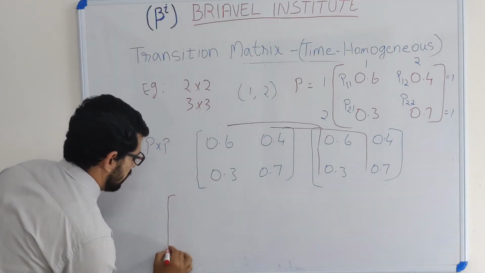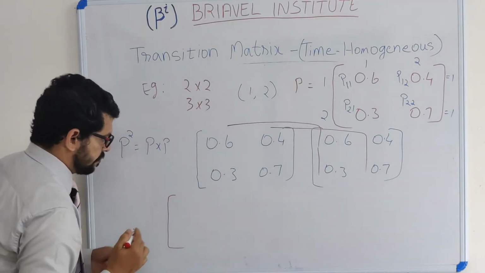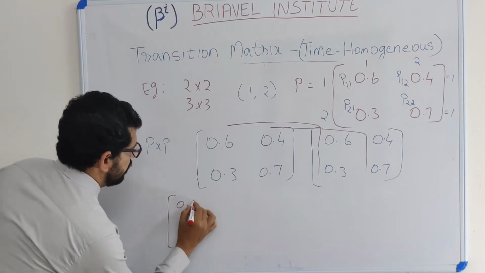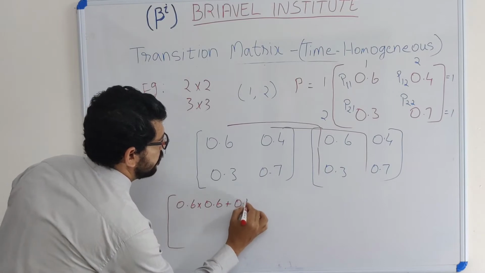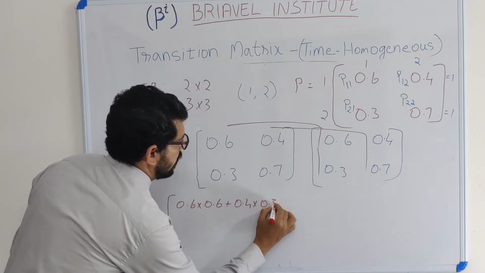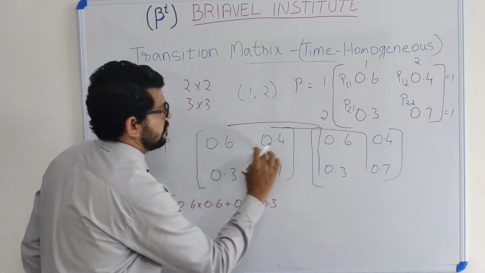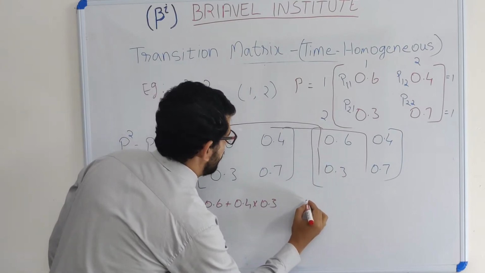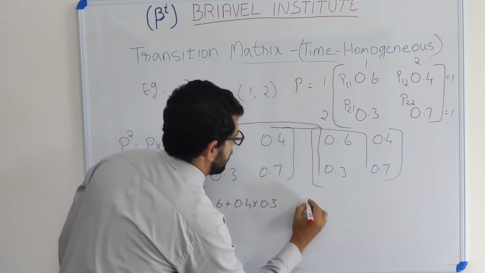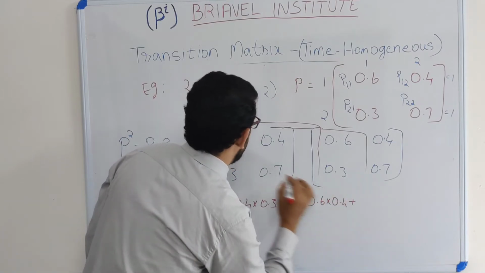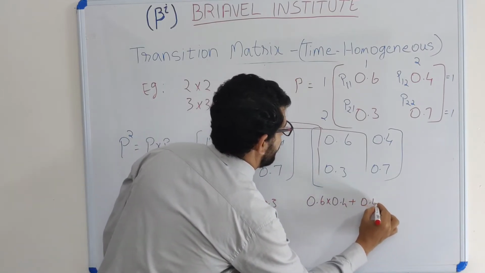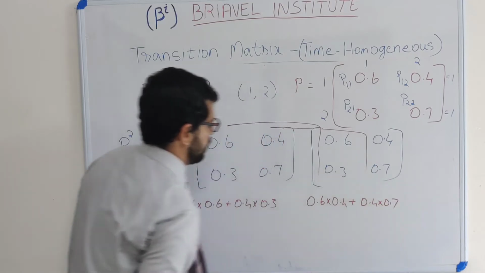So 0.6 into 0.6 plus 0.4 into 0.3, then 0.6 into 0.4 plus 0.4 into 0.7.